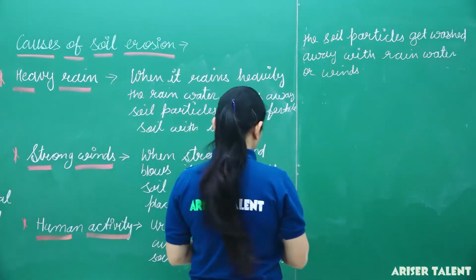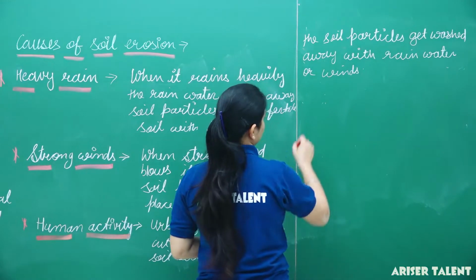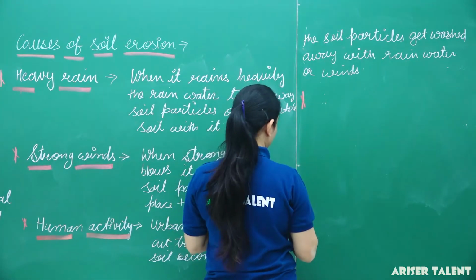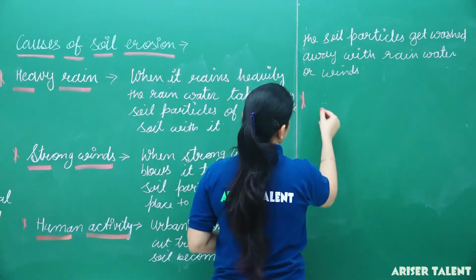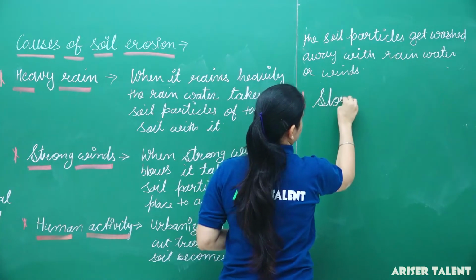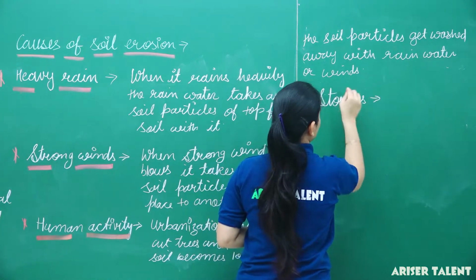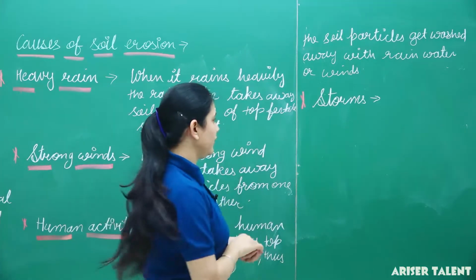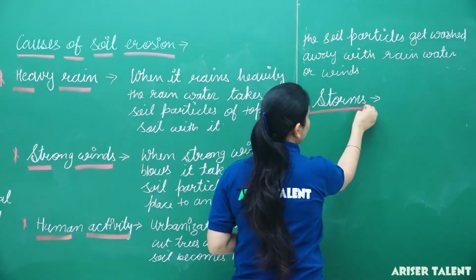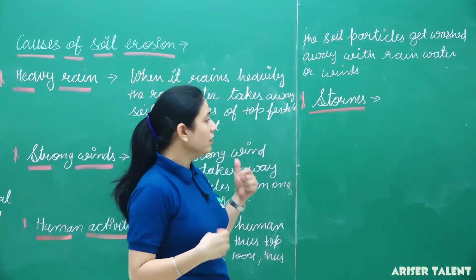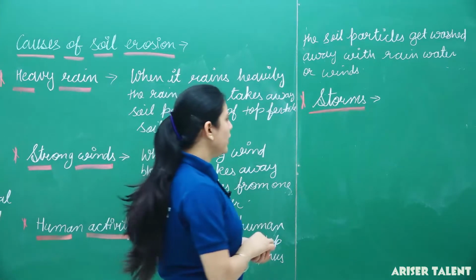After it, we can say strong winds or strong storms. When there is a storm, definitely if the soil particles are loose, then they can be shifted from one place to another.